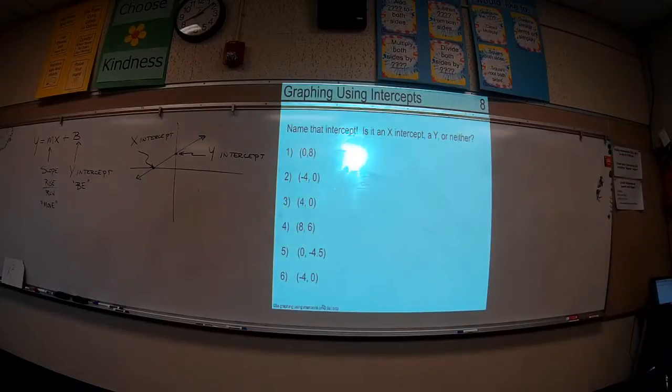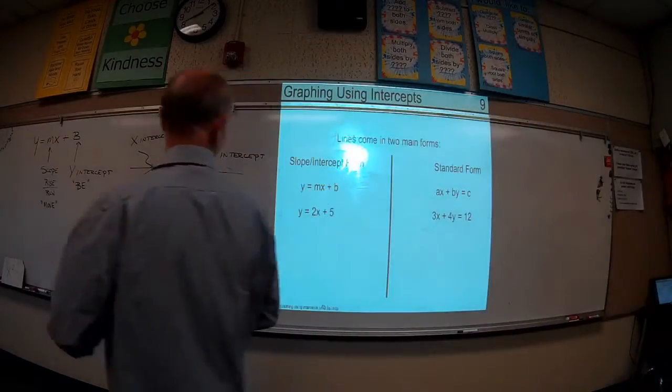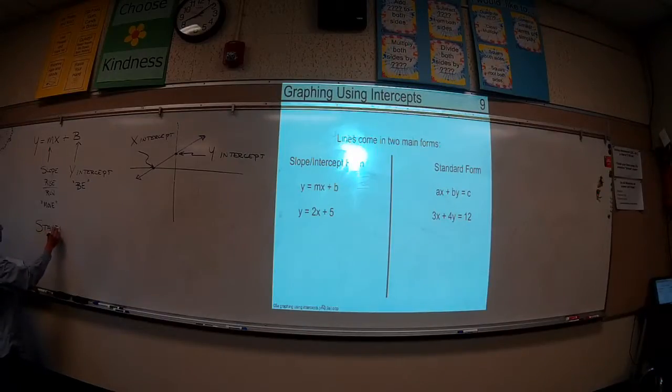Now, I'm going to have you pause on the notes for a moment. Actually, no. Go back into the notes, and then I'm going to walk you through it. So, if this is slope-intercept form, this is called standard form. It's ax plus by equals c.